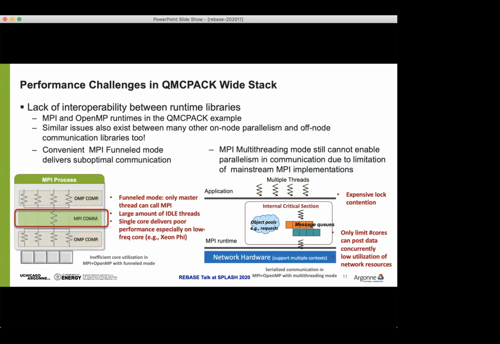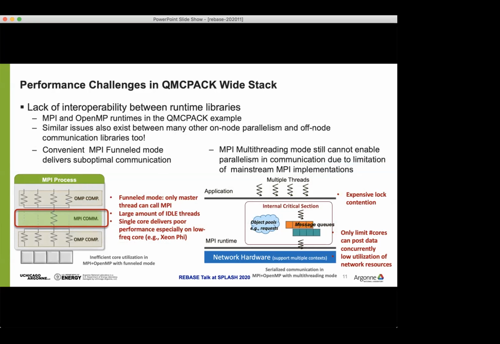Of course, because I'm working on the MPI project, the challenges I show here are basically from our observations in MPI. But I would say these issues are a general issue and exist in many other parallelism and offload communication libraries too. So, of these bottlenecks, one is that still today, most HPC applications write their MPI plus OpenMP code following the funneled mode.